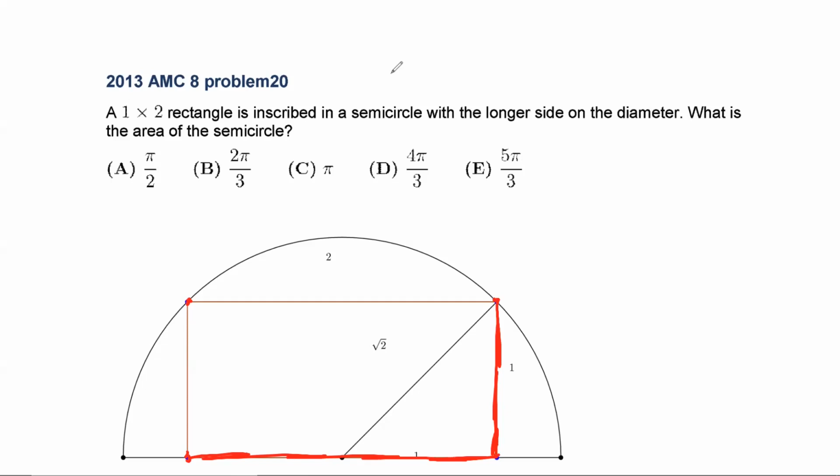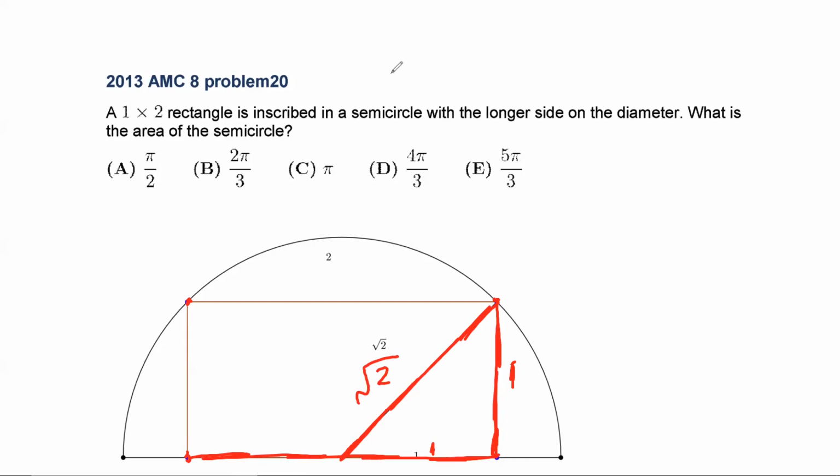So half of the length here, which is 1, and we're told that the height is 1. So basically we can find the radius of the semicircle by the Pythagorean theorem. So that means that our radius is square root of 2.